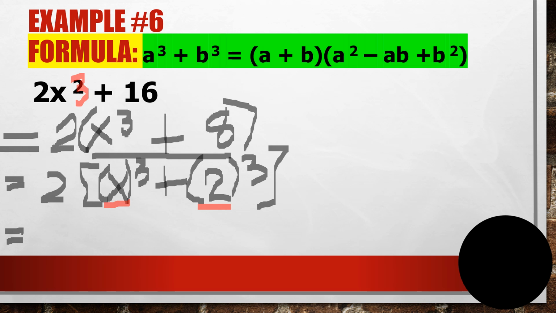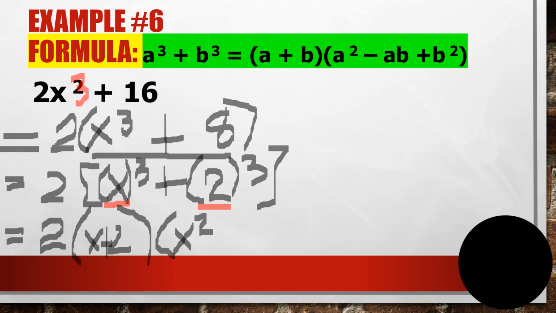Now just copy the GCF 2, and then a plus b, we have x plus 2, and then close, and then open parenthesis, a squared, therefore it is x squared minus a times b, we have 2x plus b squared, plus 4, and then close. That is now our final answer.